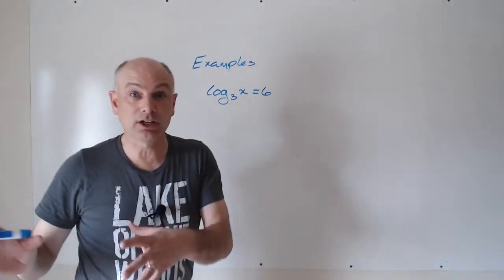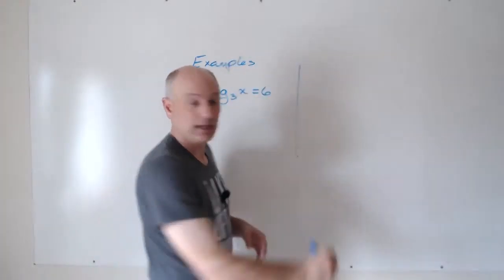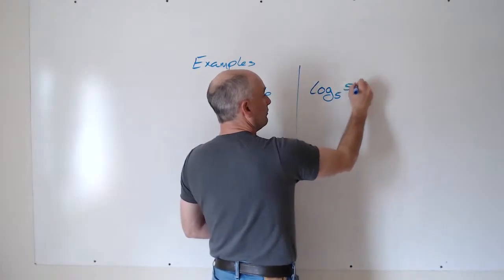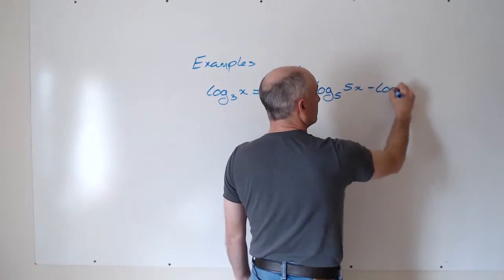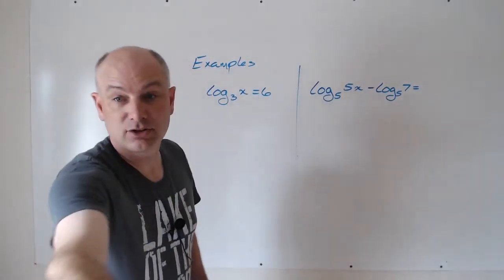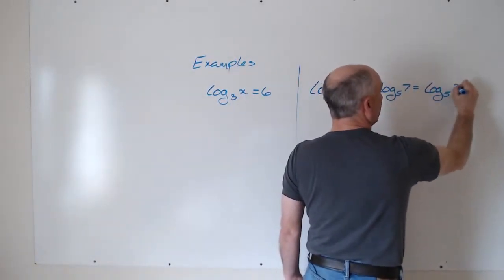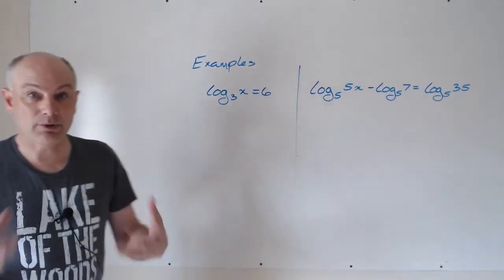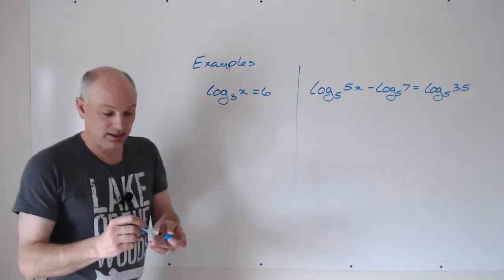Or we can do a little bit more with it, like we could have, let's say, log base 5 of 5x minus log base 5 of 7 is equal to log base 5 of 35. So we've got two different styles here that we're having to deal with, and we'll see how they both work together here.